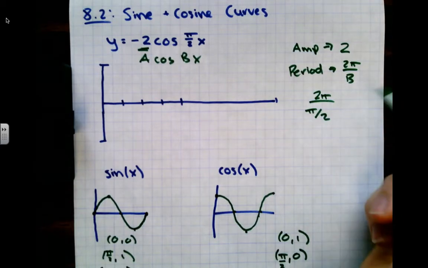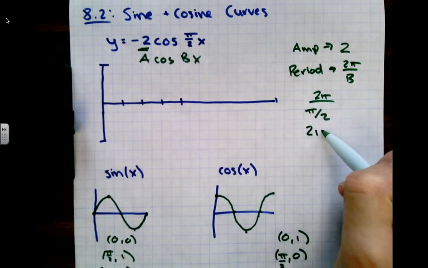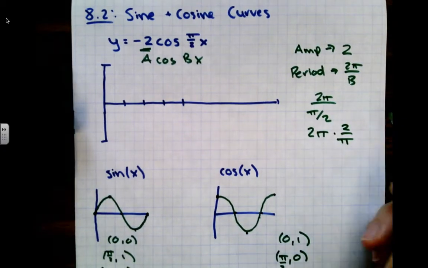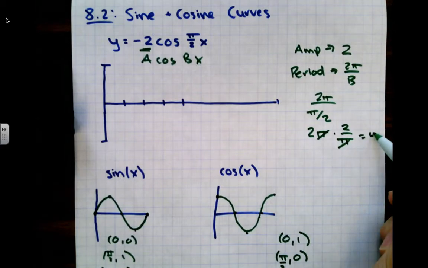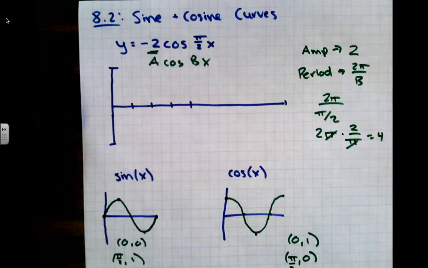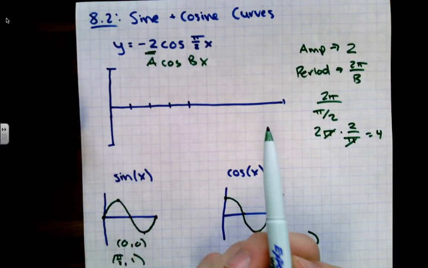What I have is a fraction in the denominator, so dividing by a fraction is the same as multiplying by its reciprocal. So I multiply all these together, the pi's would cancel, and what that gives me is that the period is 4. So what that's telling me is from the start of the pattern to the end of the pattern, we're going to go 4 ticks across the x-axis.